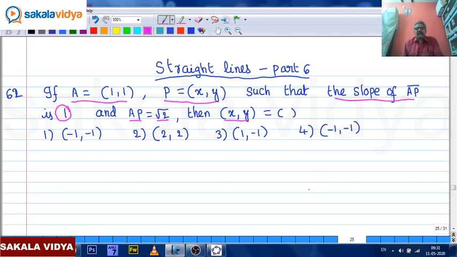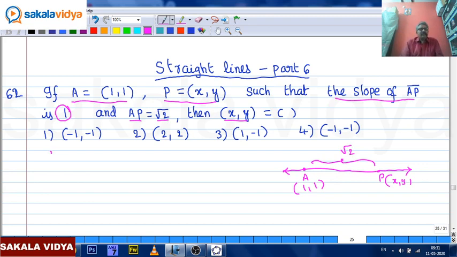So that means here you take a straight line, take the 2 points A point and P point. A coordinates are given by 1 comma 1, P coordinates are given by x comma y. Now the distance from A to P is given, that is root 2, and slope of AP is given.